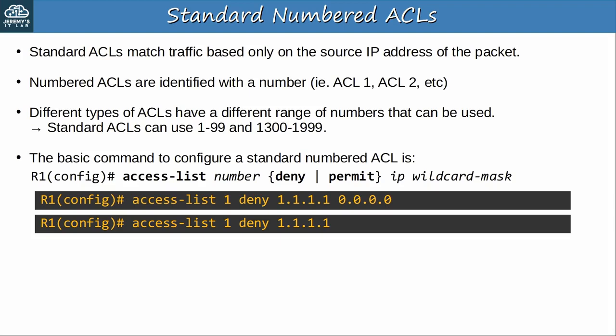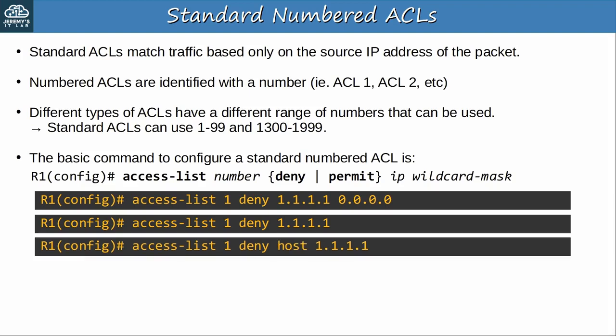Now there's one more method of configuring a /32 entry. It's considered an old method, but it still works on modern routers. To specify a single host, you can use the host keyword before the IP address. Again, in effect, this is exactly the same as the previous two. It's just a different way of configuring it. So, all three of these are the same in effect.